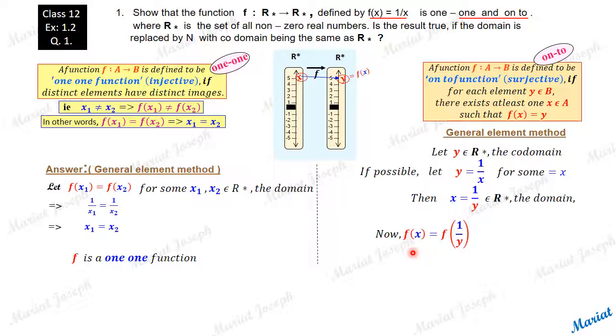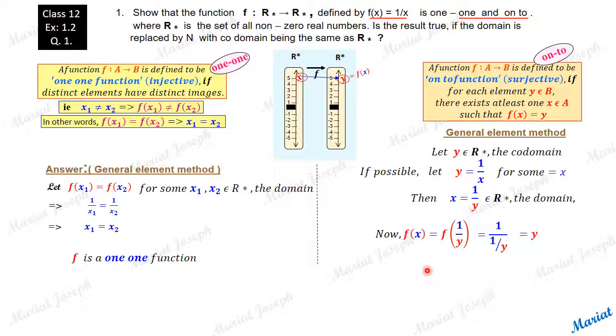F of x is equal to, in place of x, place 1 by y. F of 1 by y needs to be calculated. Go by this rule: f of any number is the reciprocal of that number. So f of 1 by y is the reciprocal of 1 by y, 1 upon 1 by y, which is equal to y.